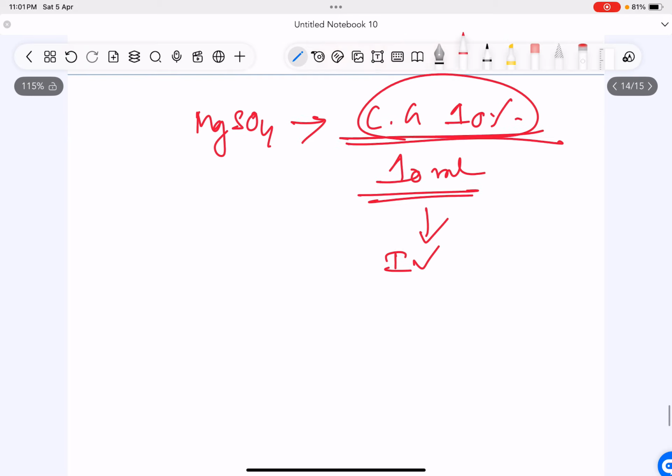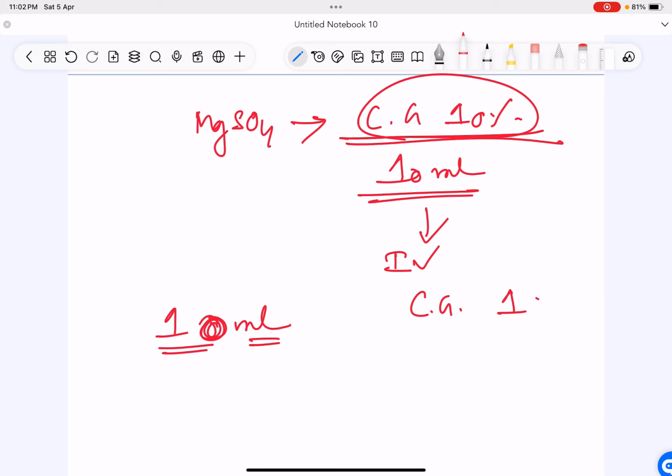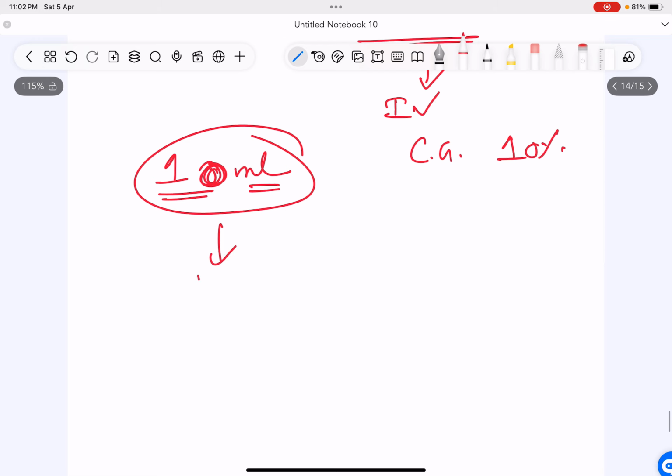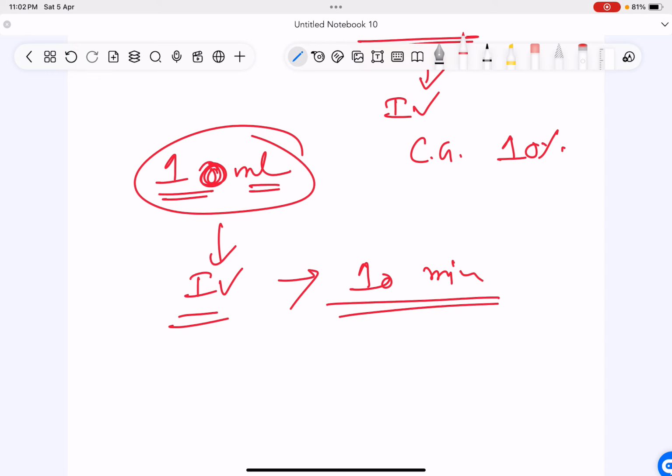So you take a vial of calcium gluconate that contains 10 ml of calcium gluconate 10%. This 10 ml vial you will give IV over 10 minutes. So you give this entire 10 ml IV over 10 minutes.